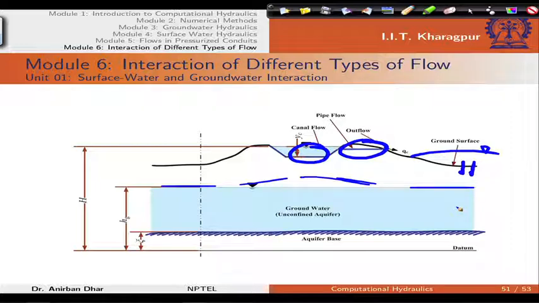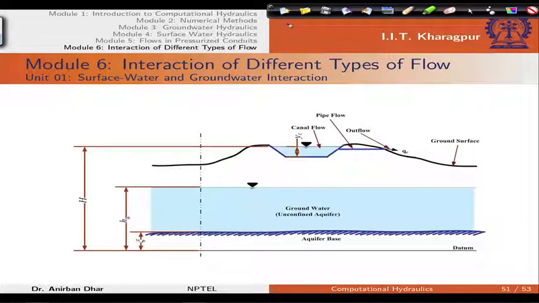In that particular interaction case we can combine whatever we have learned in the subject, maybe in applied form in M3, M4, M5. We can combine these 3 modules and solve this interaction problem using our usual concepts.